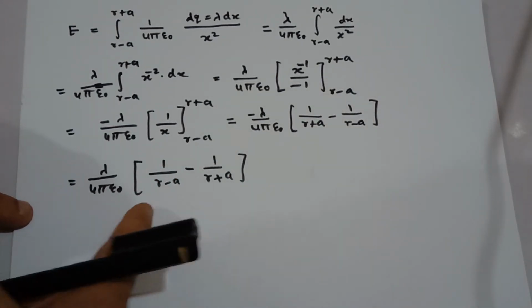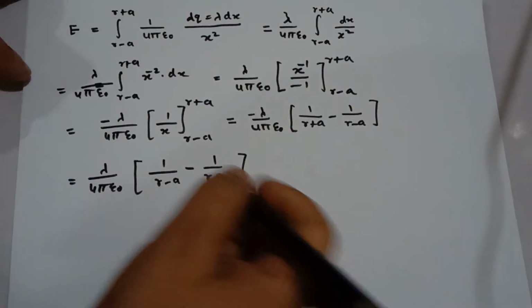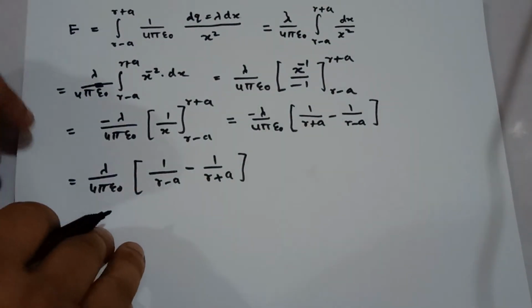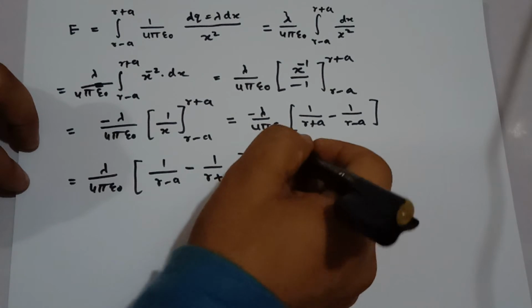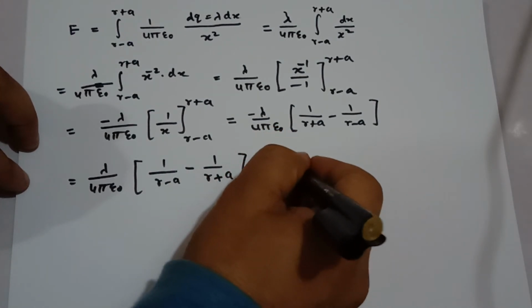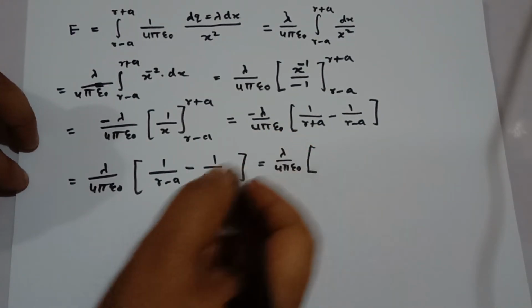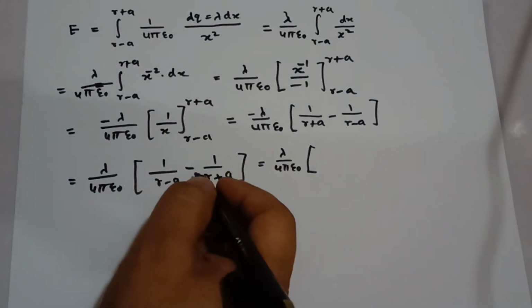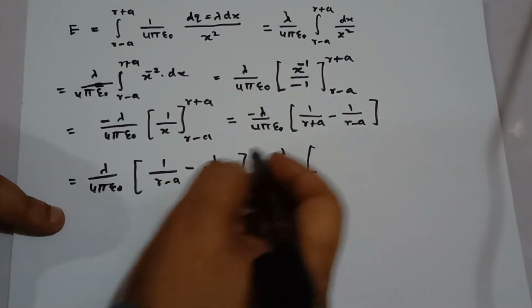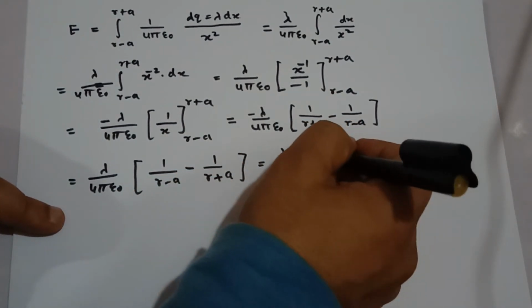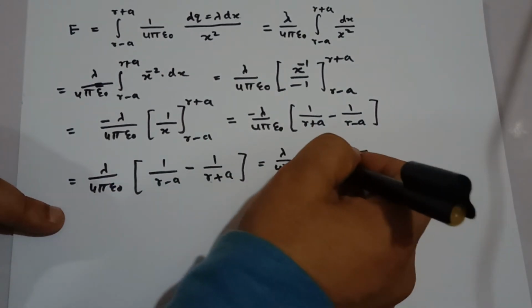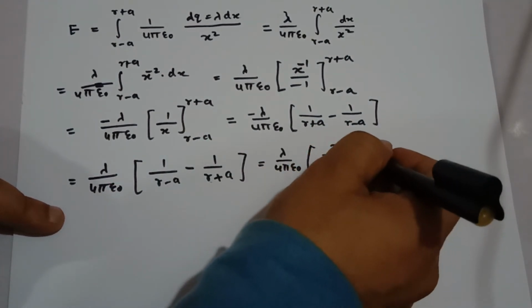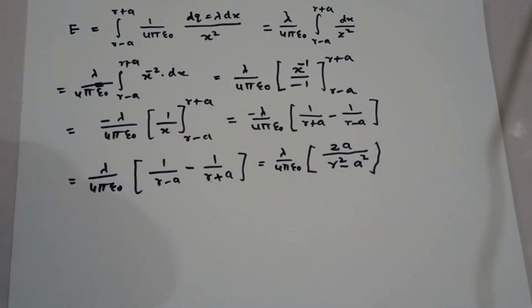Now you can take the LCM of that term, and that turns out to be lambda divided by 4 pi epsilon naught times r plus a minus r minus a, so r is cancelled out and we get twice a, and the denominator is r square minus a square.